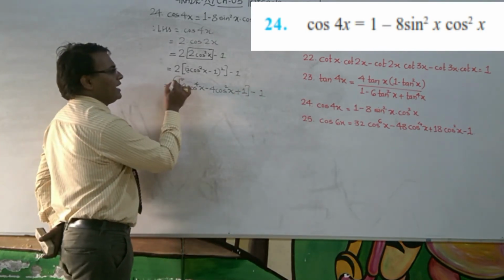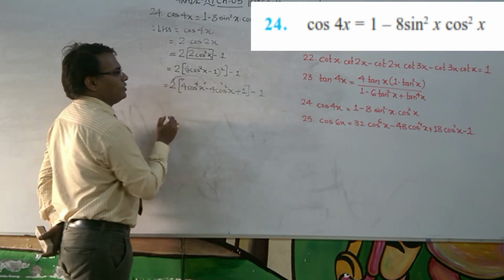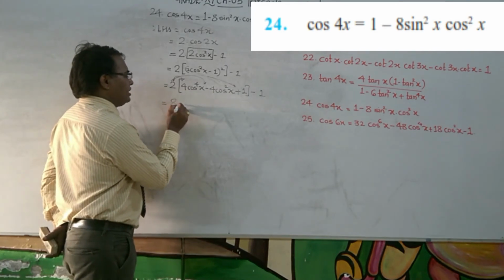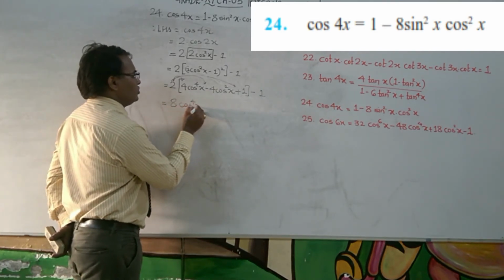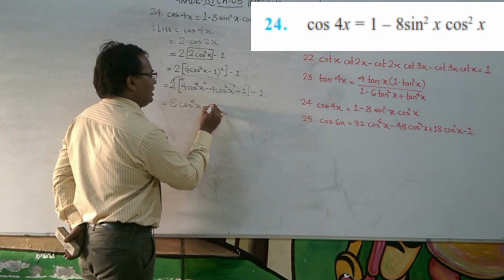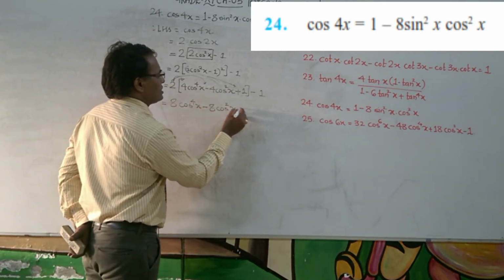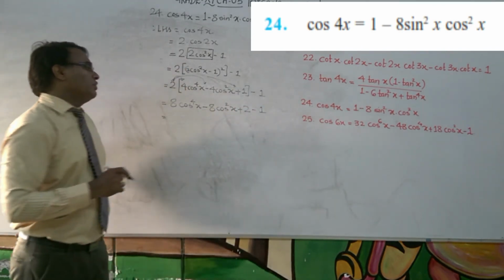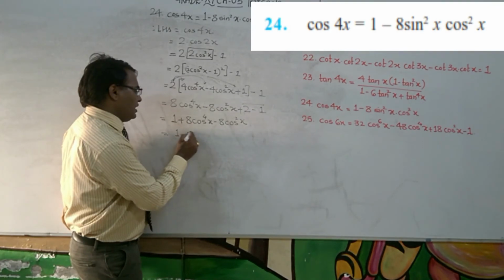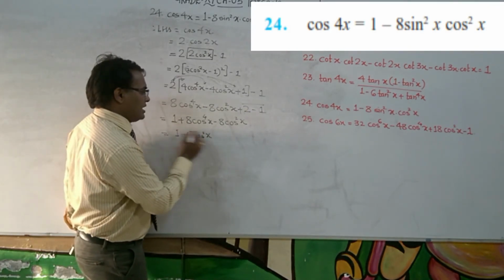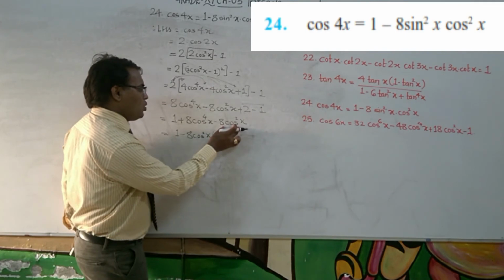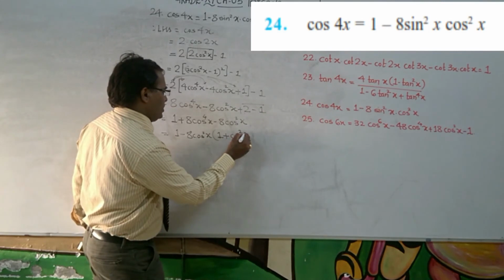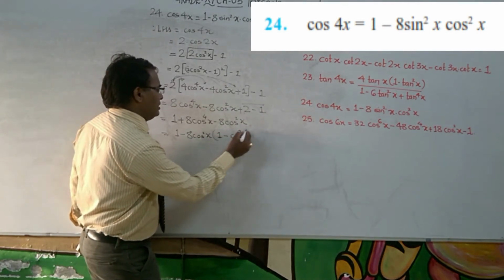Now what we'll do, we'll multiply each term by 2. So 2 into 4 is 8 cos raised to 4x, then 2 4s are again 8 cos square x, then 2 into 1 is 2 minus 1. Okay, now what we can do is take minus 8 cos square x as common, so remaining here will be 1, and then here it will be minus cos square x.